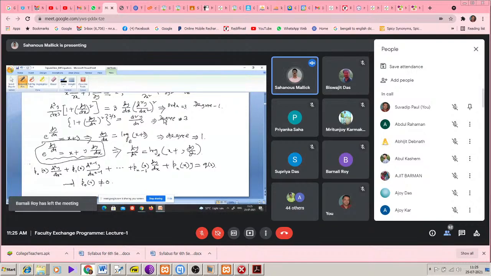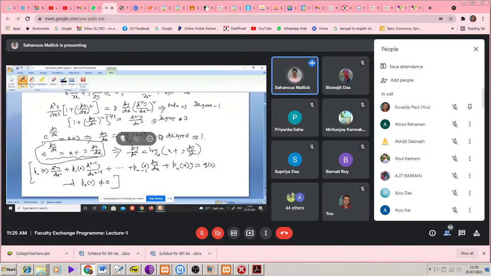Actually this form. So I am telling again, a linear differential equation of order n in dependent variable y and independent variable x is an equation of this form, where P0 is not identically 0.